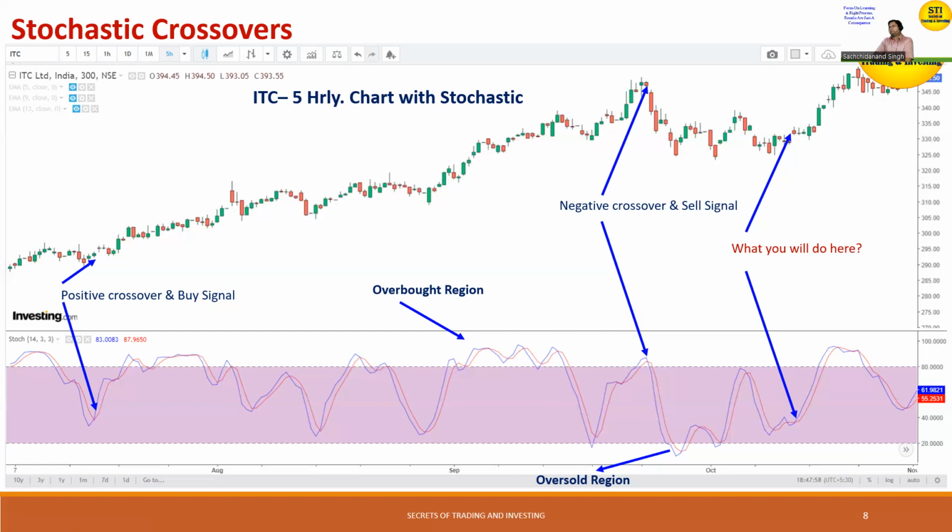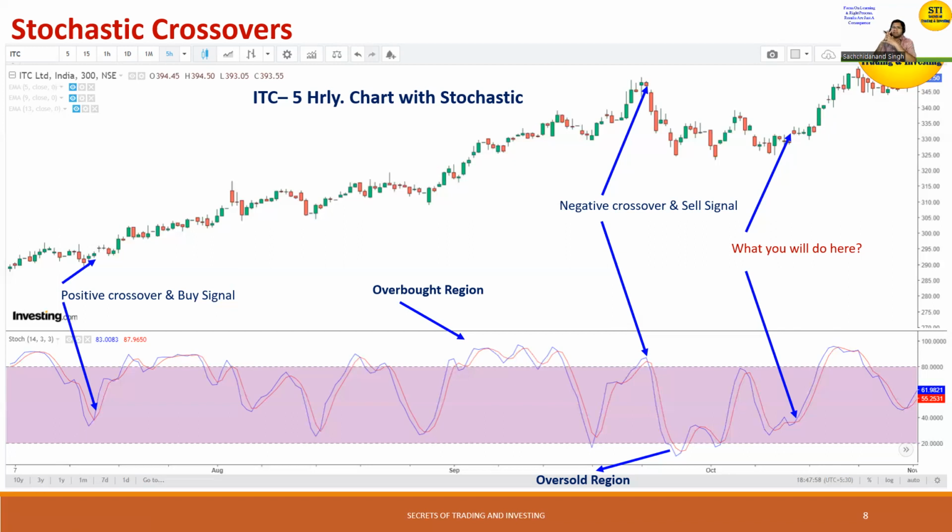But from the concept perspective, if it remains above 80 for a longer period of time, it is named the overbought region. Similarly, if it is below 20 for a certain period of time, that duration will be called the oversold region. And what does it signify, that for a longer period it will be in the overbought region.